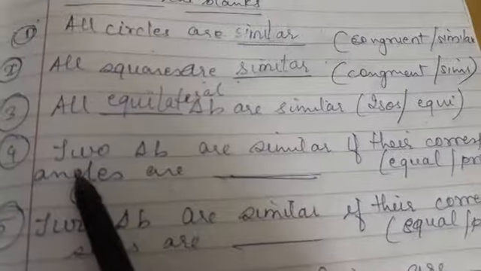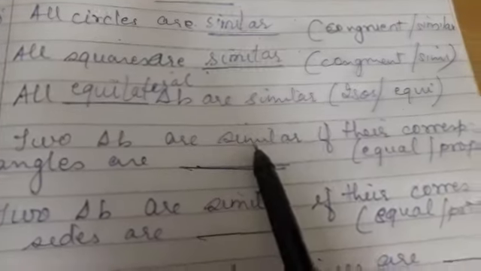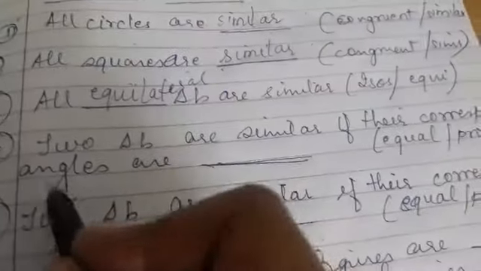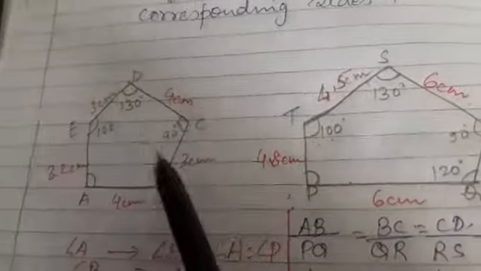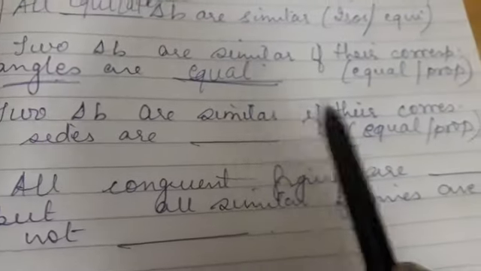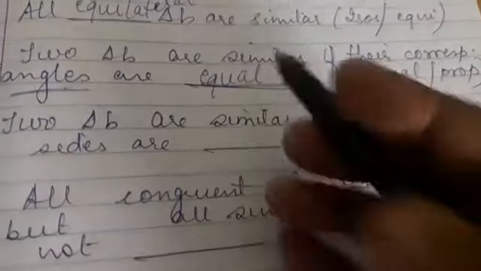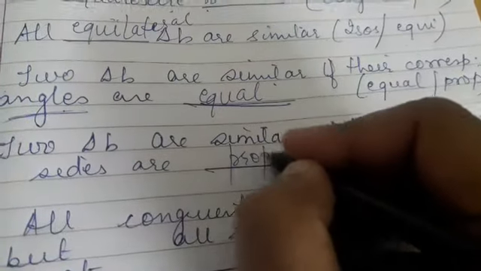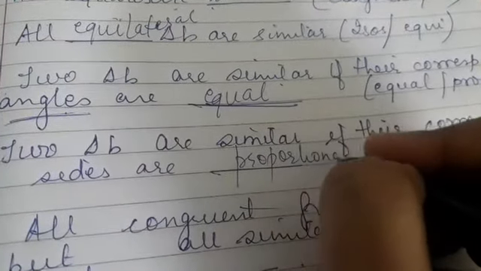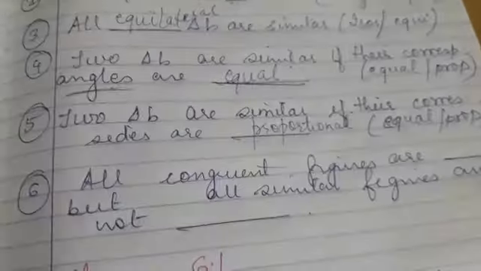Just now I told you, when we were discussing these two, their corresponding angles are what? They will be equal. Next, two triangles are similar if their corresponding sides are proportional. So these are very simple questions, so don't get confused.